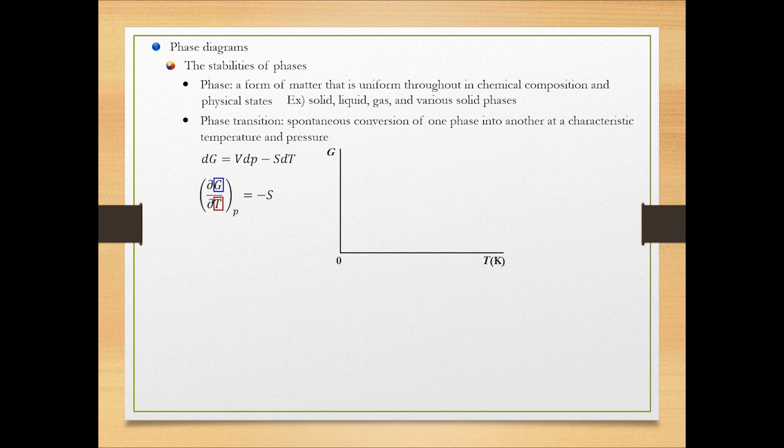Now, let's consider two important points on this plot, Tf and Tb, which represent the freezing temperature and boiling temperature respectively. As the temperature increases, we observe phase transitions. The solid melts into a liquid, and the liquid eventually vaporizes into a gas.